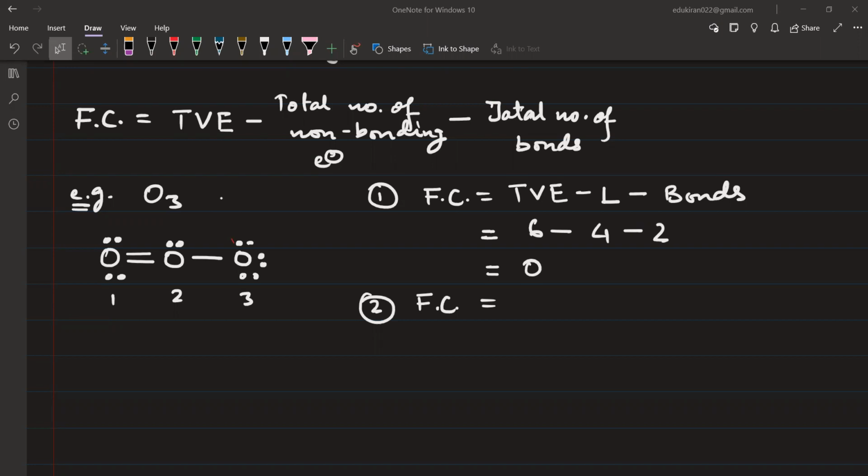Yes, Ram, calculate for the second one also. Yes, very good. Okay, so the formal charge here will be equal to. Abdullah, your answer has not come.